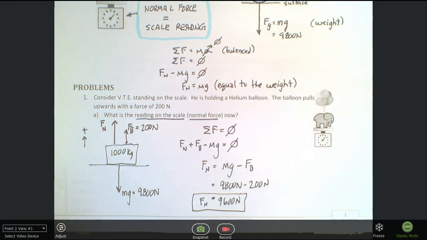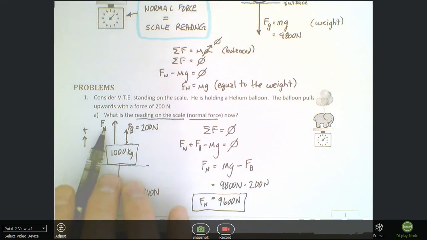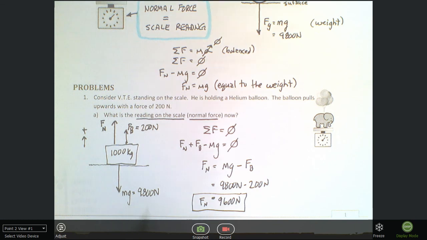And you can check it. 9,600 plus 200 is 9,800. It balances, it's not accelerating, that's the situation. So notice how the normal force dropped a little bit because you're not in contact with the surface as much.